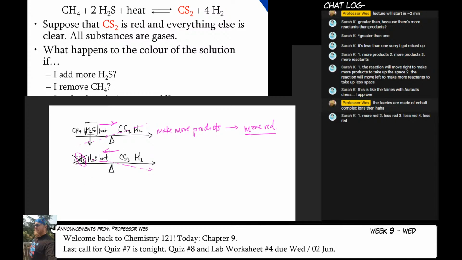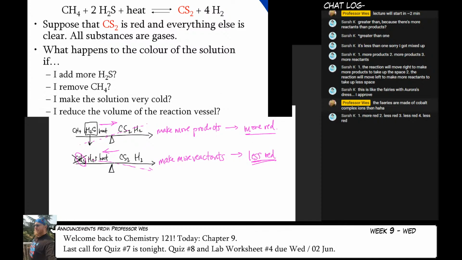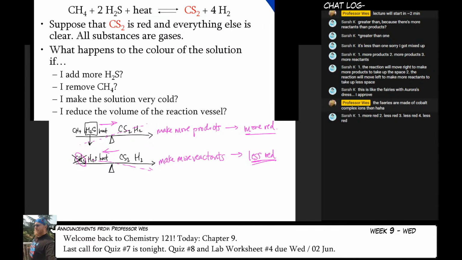And so the reaction would go in this direction to balance it out. So I'd make more reactants. And so that would become less red because we're using up some of our CS2 to do that. Oh, I need that equation on the board there.